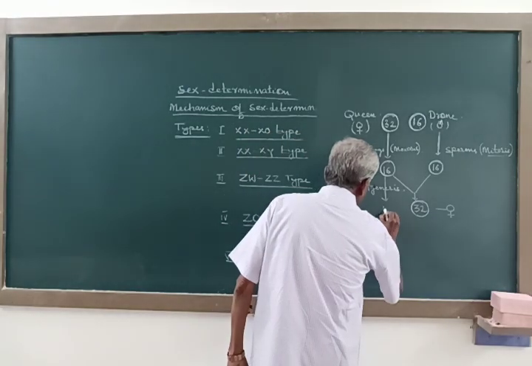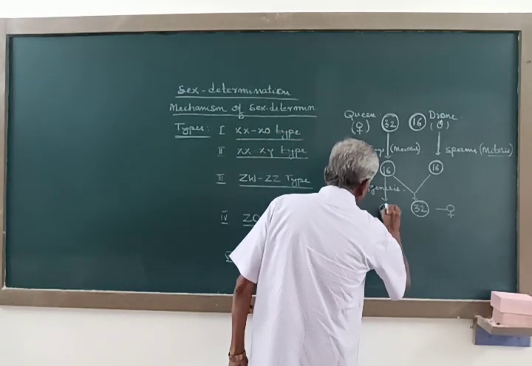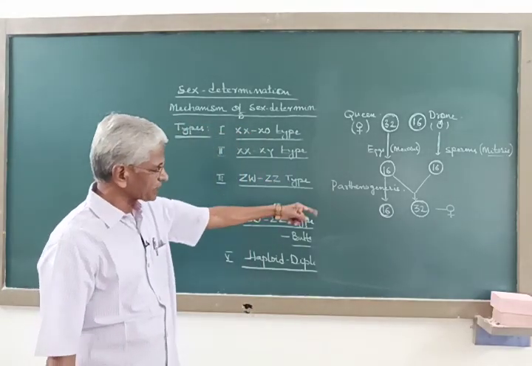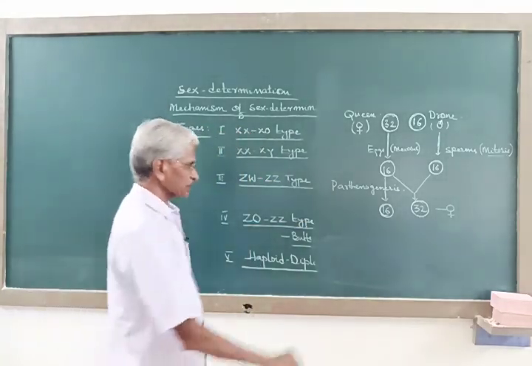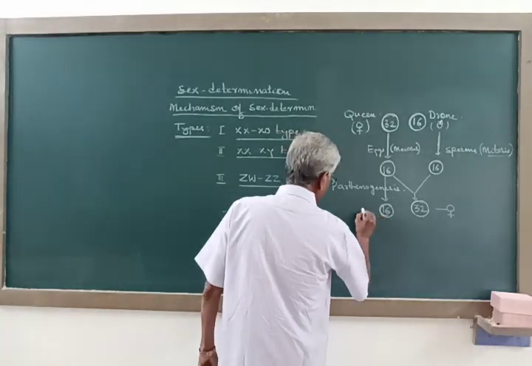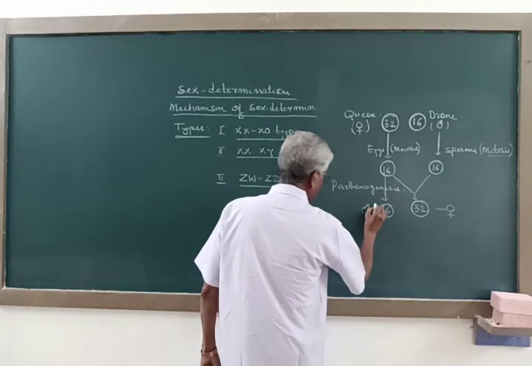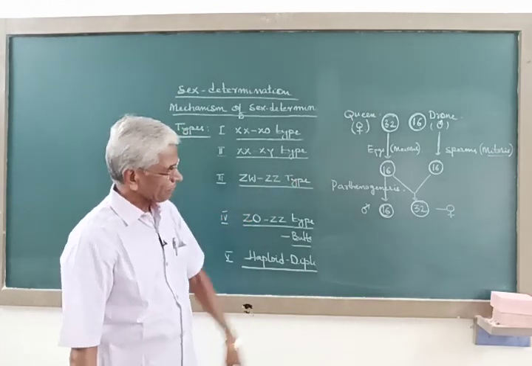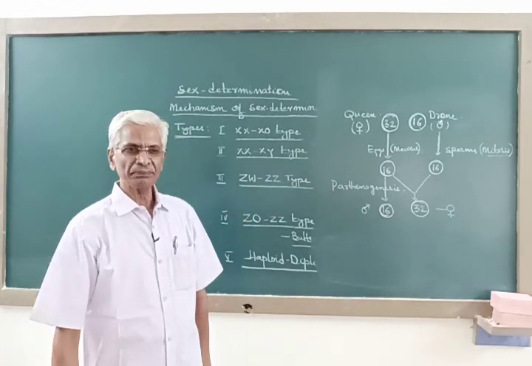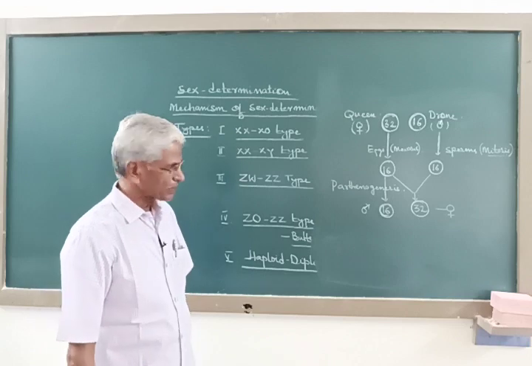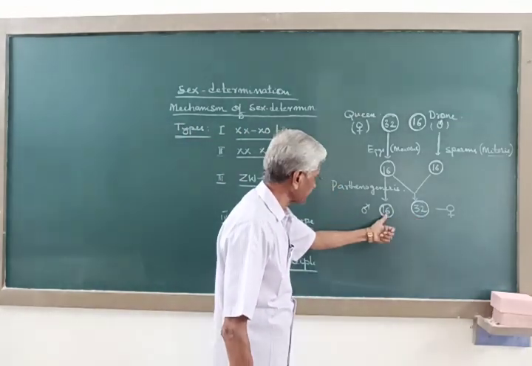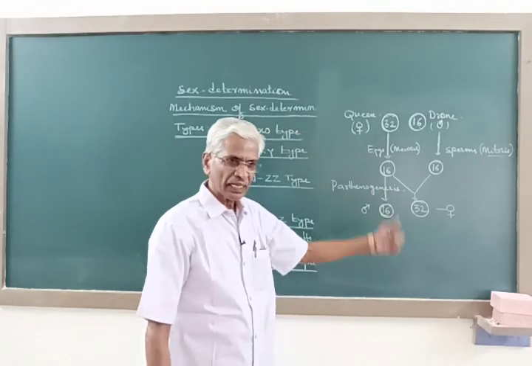As a result of parthenogenetic development, the offspring will have only the n number of chromosomes, the haploid number, and the sex of this offspring will be male. So this is how sex is determined in honeybees, where the female has the diploid number of chromosomes and the male has the haploid number.